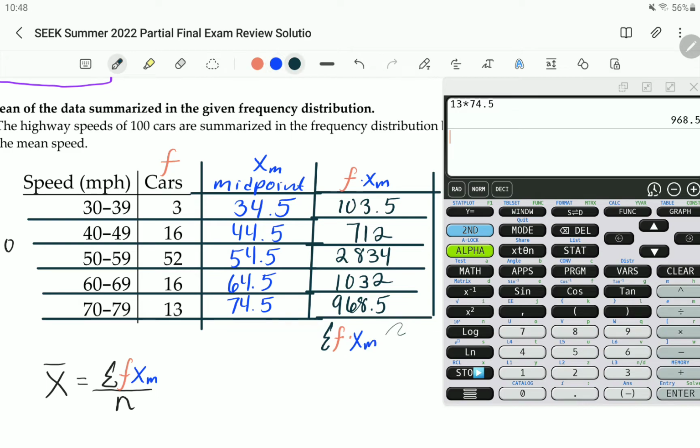So in order to do that, we're going to have to add up all these numbers that are in this column. And it's going to equal 5,650.